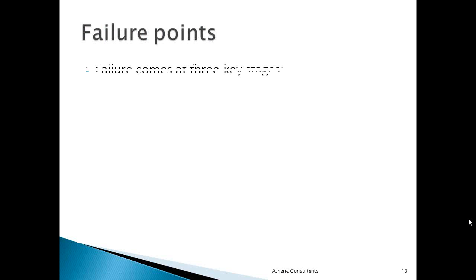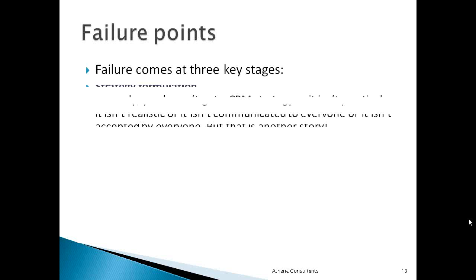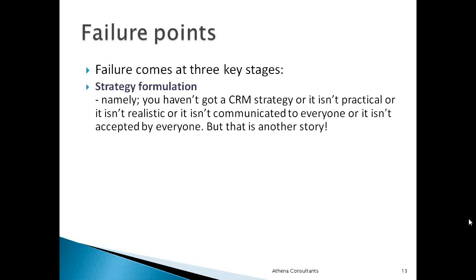So where are the failure points in CRM? Failure comes at 3 points. Firstly, the strategy formulation. So many organizations I talk to haven't got a CRM strategy. Why haven't they got one? Well, usually because they don't understand the ramifications of it.